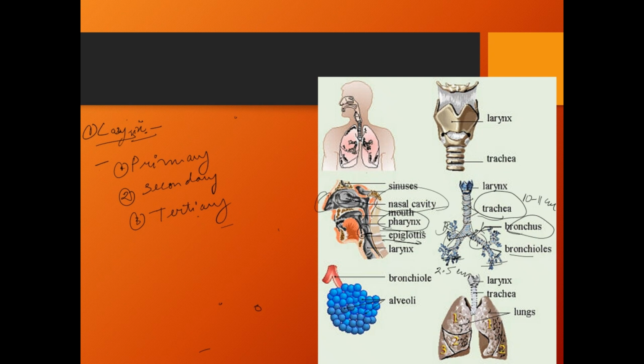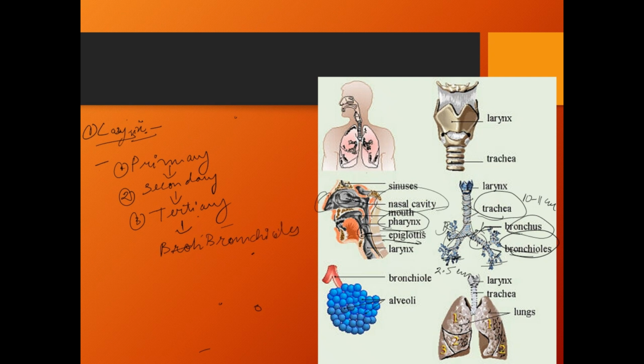When we see the bronchioles, here you can see the bronchiole structure. From primary to secondary and then secondary to tertiary, this tertiary bronchi is extended into bronchioles.